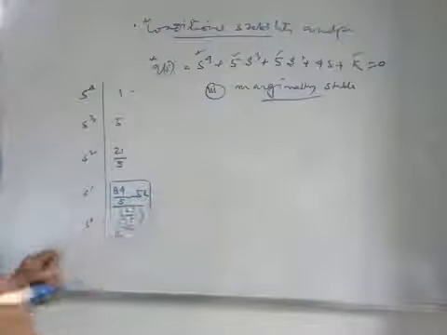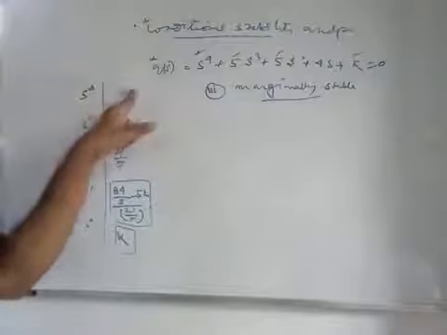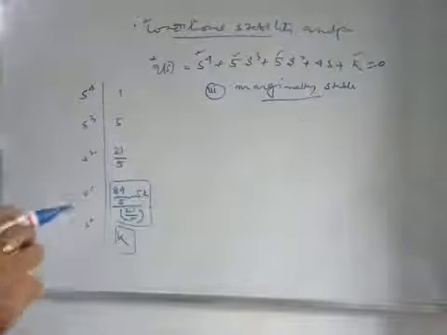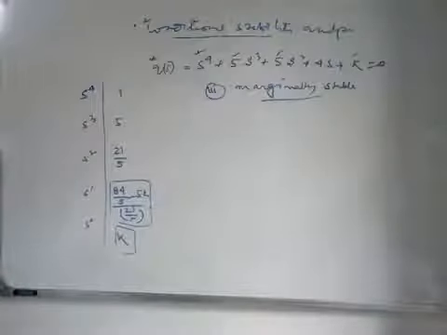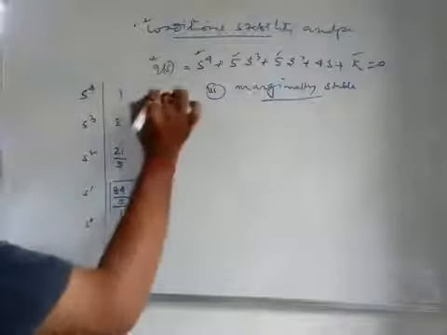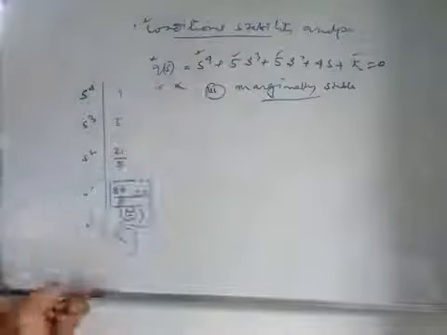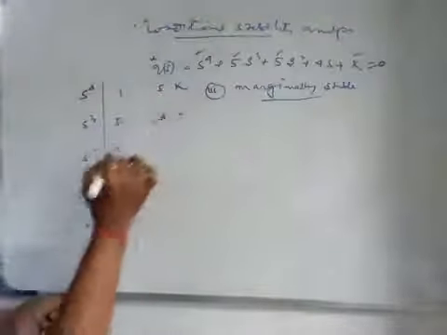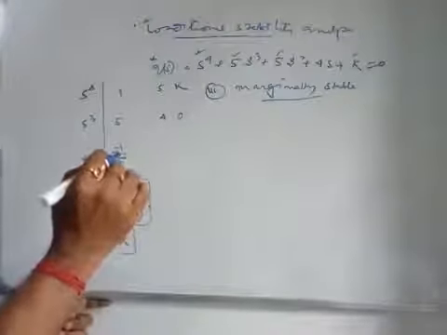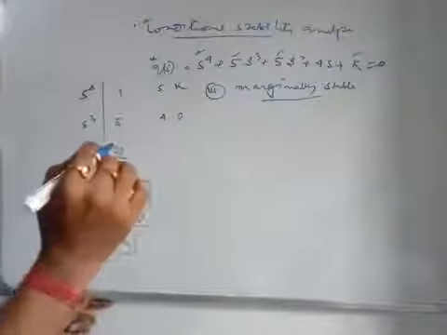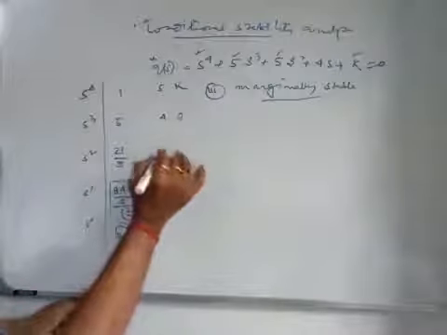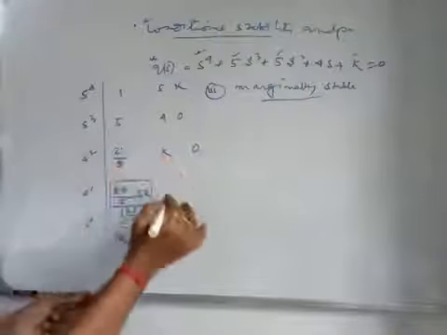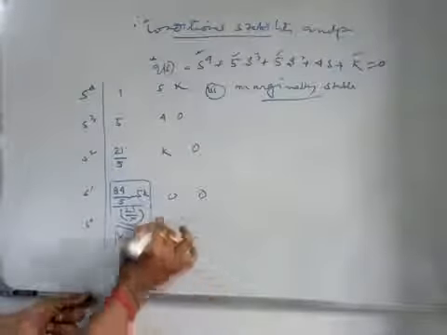In this case, we have to rewrite the complete Routh array. So we write it like this: 1, 5, k; next 5, 4, 0; next 21 by 5, k, 0; next 0, 0 and 0, 0.